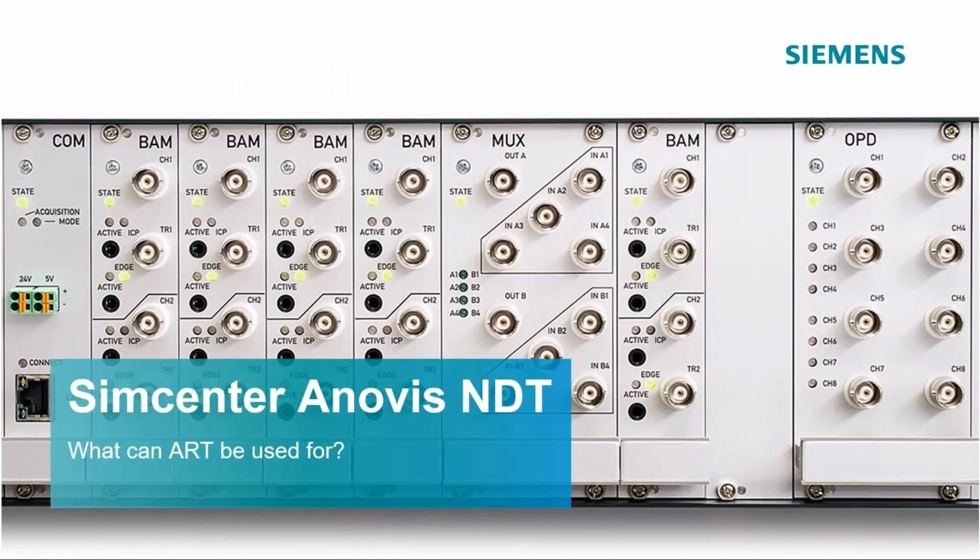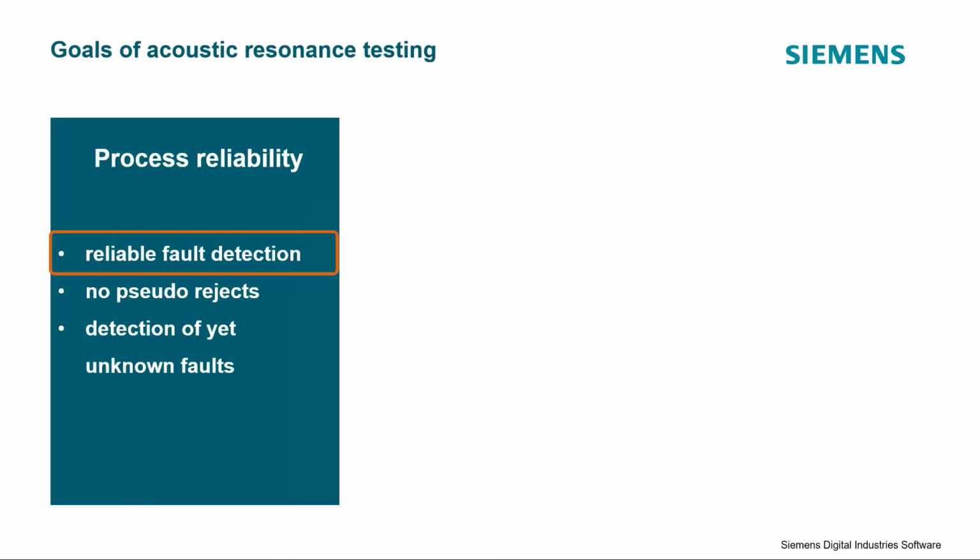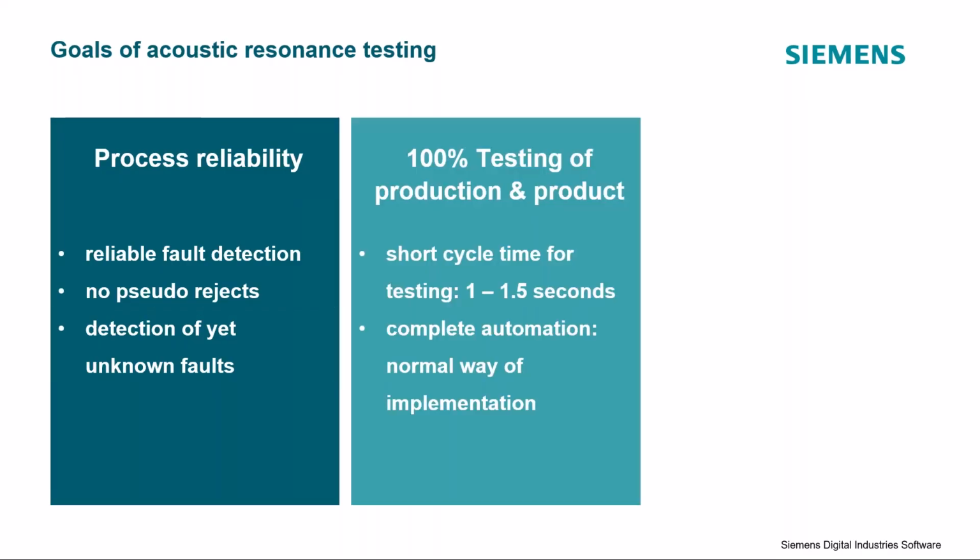What can ART, acoustic resonance testing, be used for? Of course, our customers want to have process reliability, fault detection without pseudo rejects. It's the main goal. And as I mentioned, detection of yet unknown faults. What else can bring us into discussion?